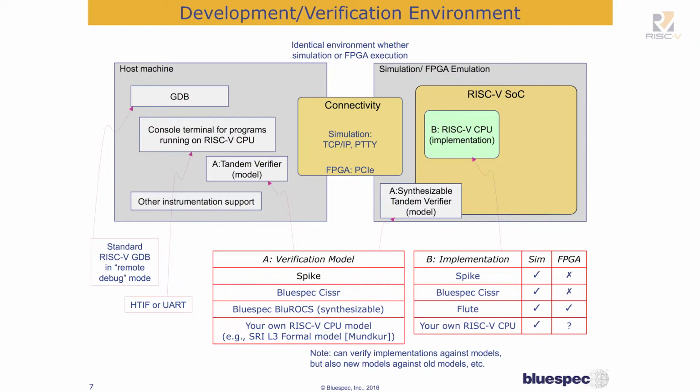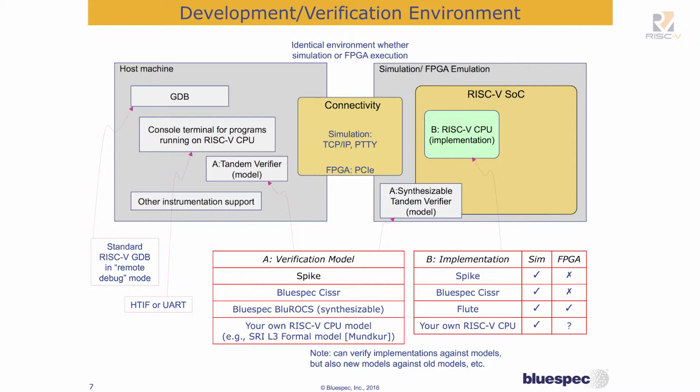And over the years Bluespec has built pretty rich connectivity between hosts and FPGAs, so it's very easy to bring up new stuff on an FPGA, add additional communication channels, and so on and so forth. So let me talk about a few things here.